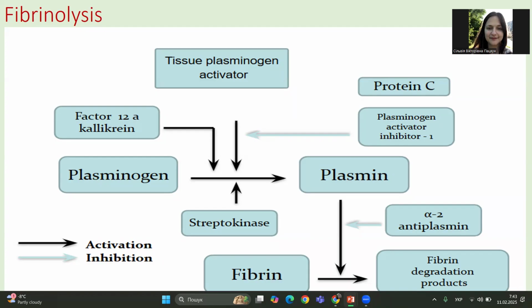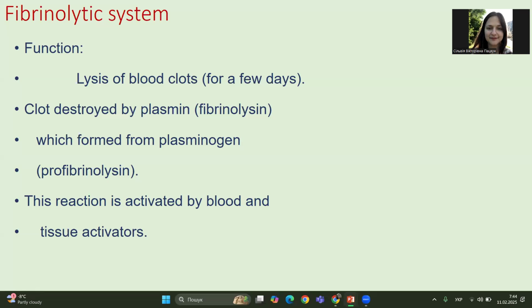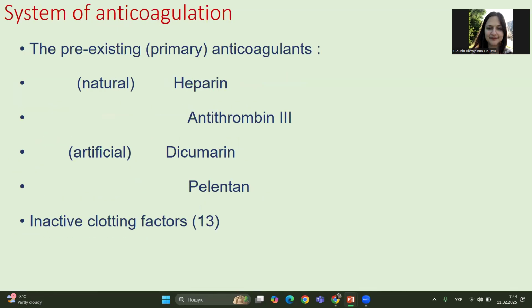Plasmin is responsible for degradation of fibrin to fibrin degradation products. The transformation of plasminogen to plasmin can be inhibited by plasminogen activator inhibitor, and alpha-2 antiplasmin can inhibit the action of plasmin on the fibrin. Fibrinolytic system function: lysis of blood clots over a few days, the clot is destroyed by plasmin, which is formed from plasminogen. This reaction is activated by blood and tissue activators.